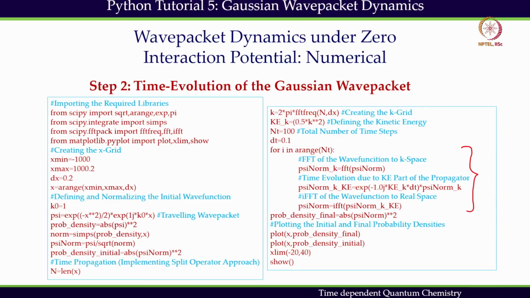These steps can be clarified one more time. Here we are considering Nt to be 100 atomic units of time. After 100 atomic units of time, where the probability density is, that's the final probability density we have found. This is something you should remember, and the delta t we have taken to be 0.1 atomic unit.